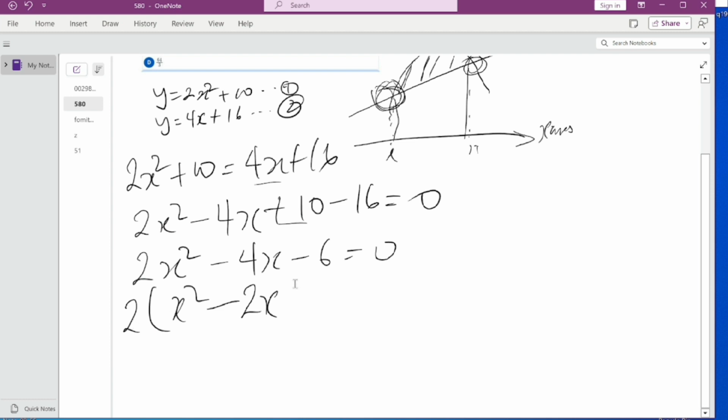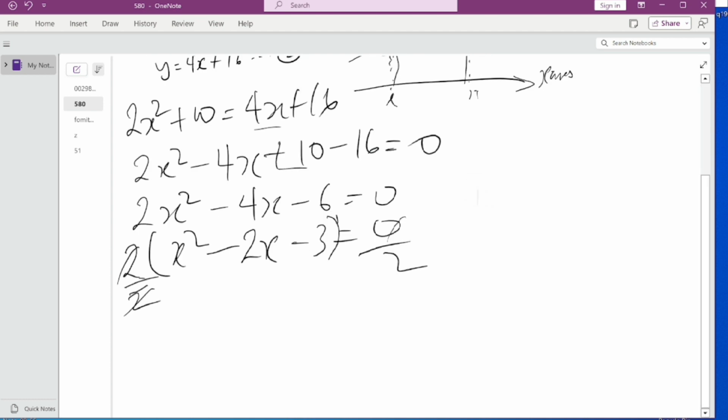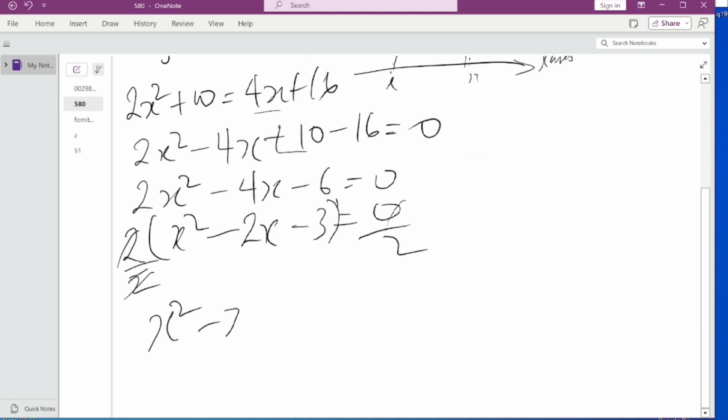Then 2 in 6 will give you 3, equals 0. You put it in bracket. You divide both sides by 2 to get rid of the 2. 2 in 0 is 0. So we have x squared minus 2x minus 3 equals 0.